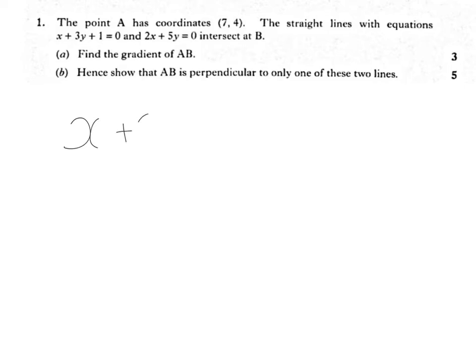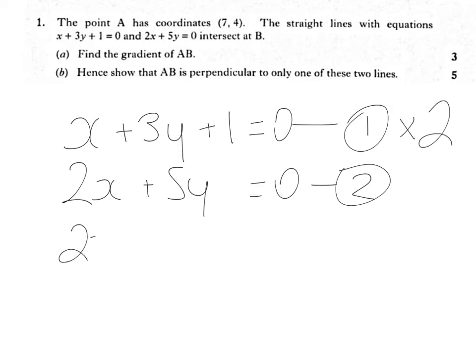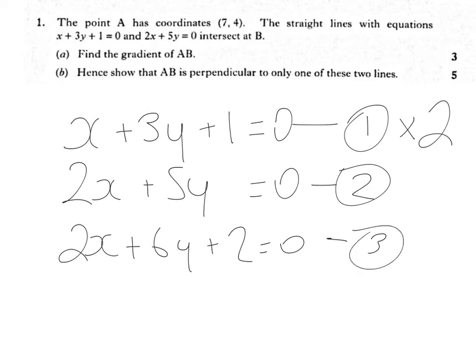So x + 3y + 1 = 0, I'm going to call equation 1. And 2x + 5y = 0 is equation 2. So I'm going to decide to get rid of x's here and multiply equation 1 by 2, so that will give me 2x + 6y + 2 = 0. I'm going to now call that equation 3.